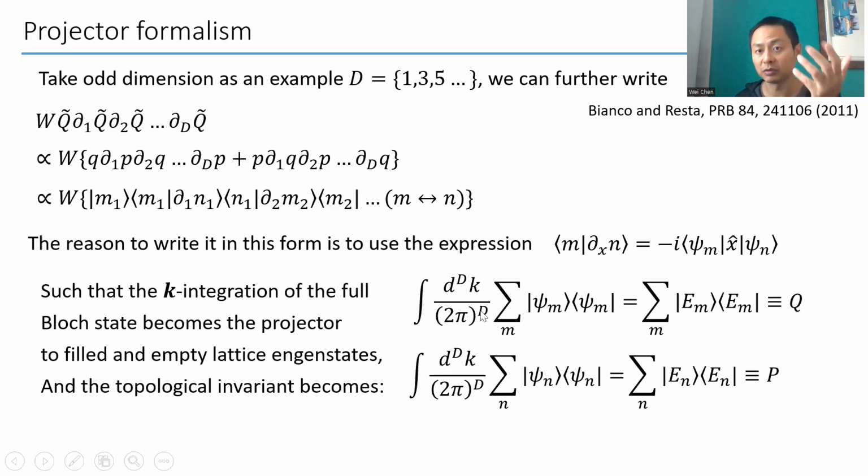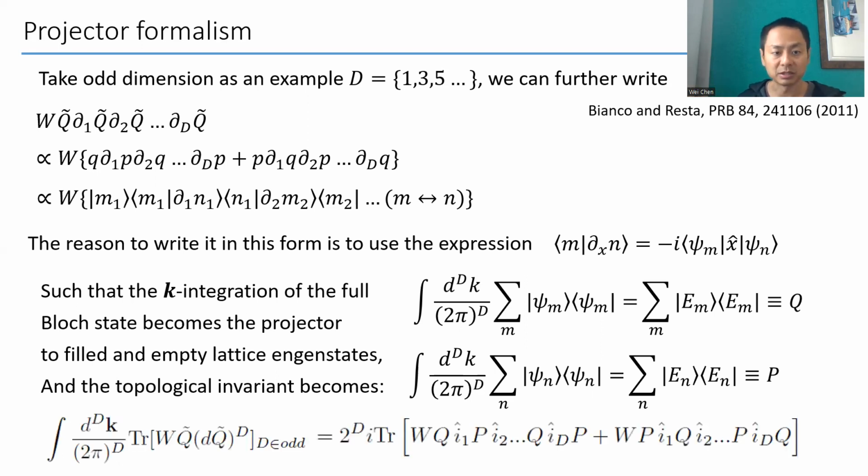But now you integrate over momentum. So effectively what you do in the language of lattice Hamiltonian is that you're projecting to all the positive states after you diagonalize the lattice Hamiltonian. And likewise, if you sum over the valence band states and integrate over momentum, then you are effectively projecting to all the states that are negative in energy after you diagonalize your lattice Hamiltonian.